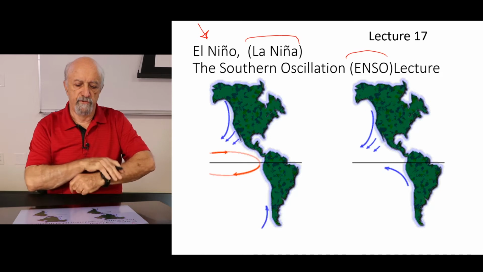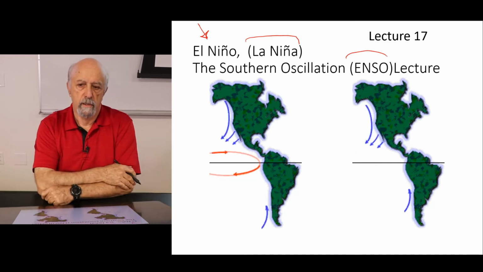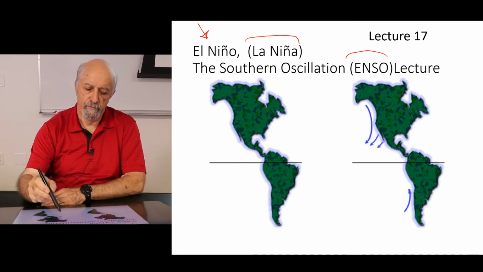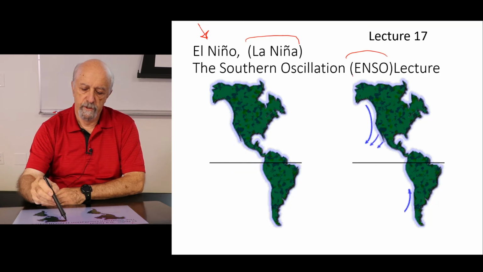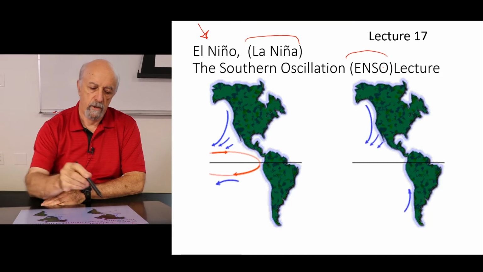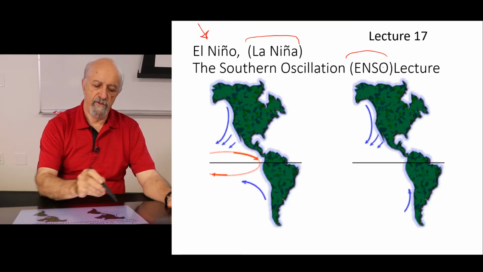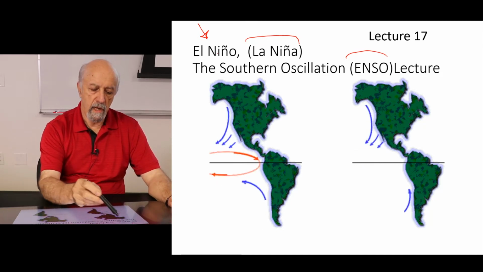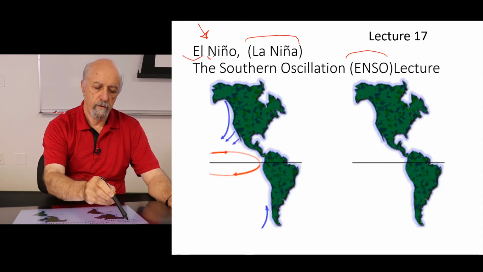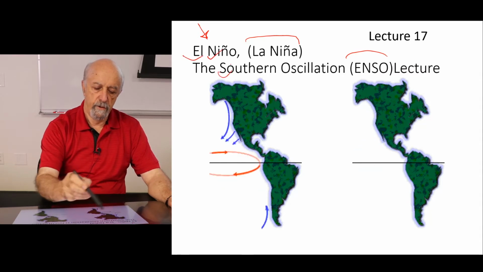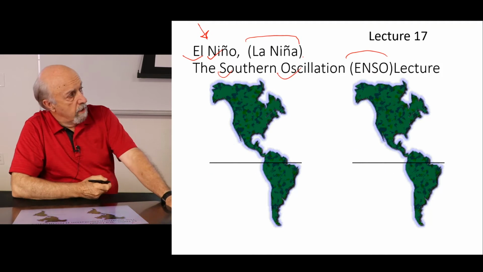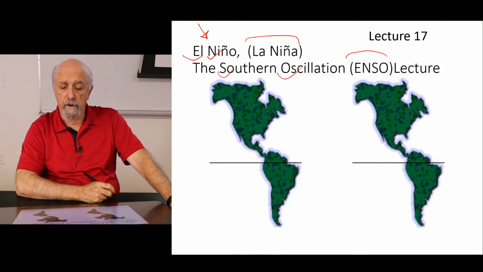So the better term to be defined now, I prefer to use the acronym ENSO, because it's defining the El Niño Southern Oscillation.